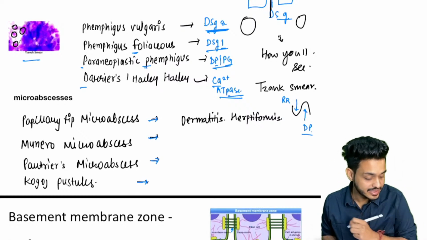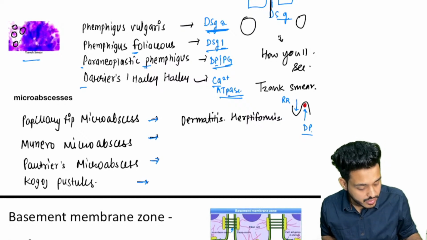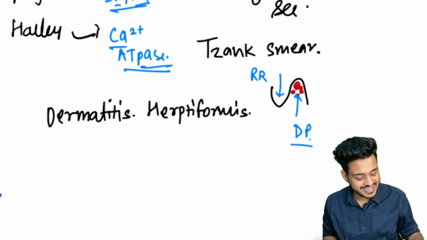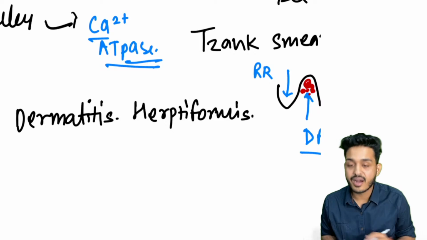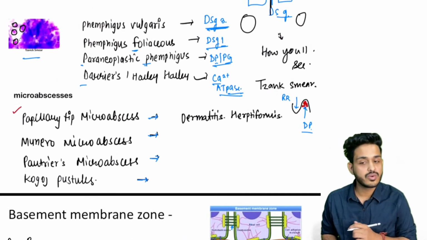Okay sir, I got this. Now there will be accumulation of WBCs in this dermal papilla part, and that is known as papillary tip microabscess. Clear है? कोई doubt नहीं है?